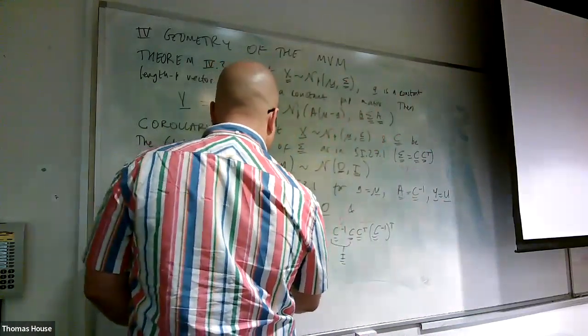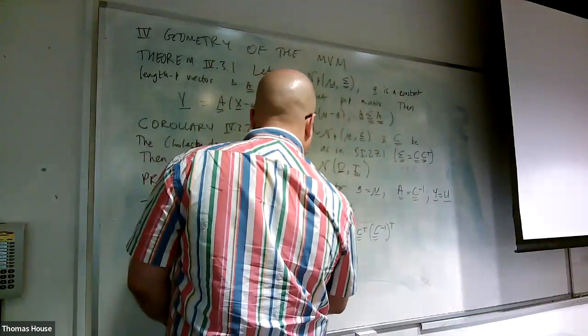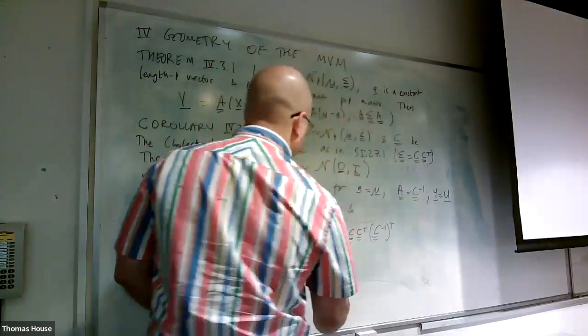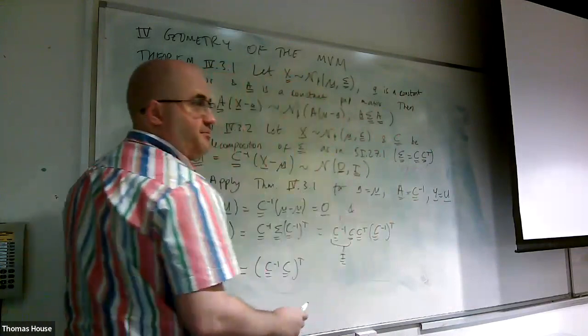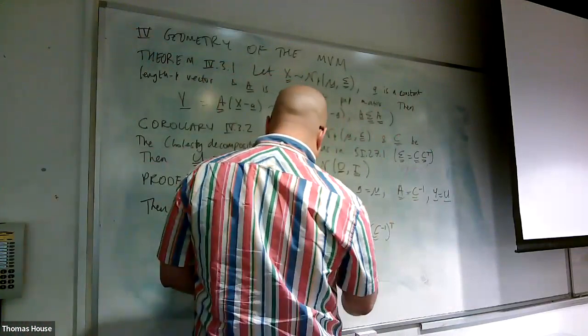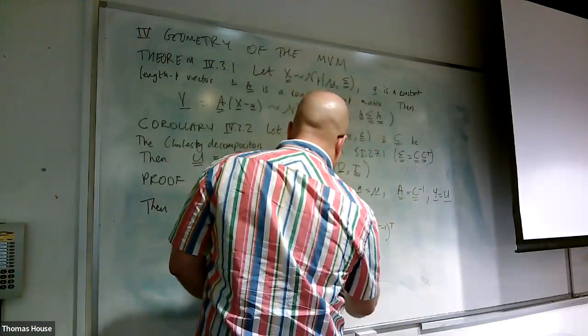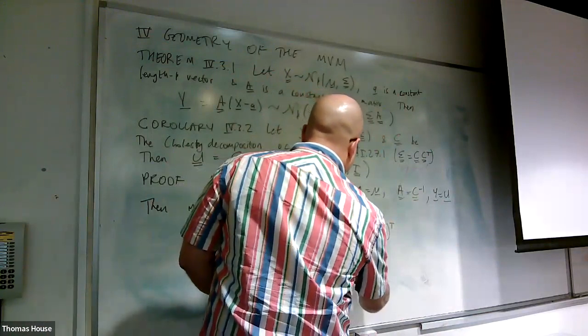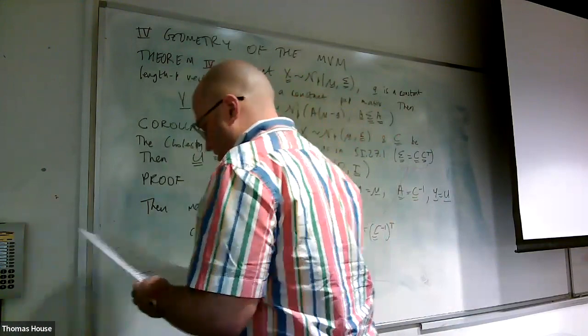So that's equal to C inverse C all transpose. So that's just that when you transpose the product, you change the order of operation, right? I think we showed that in section 1, which is itself the identity transpose, which is the identity.